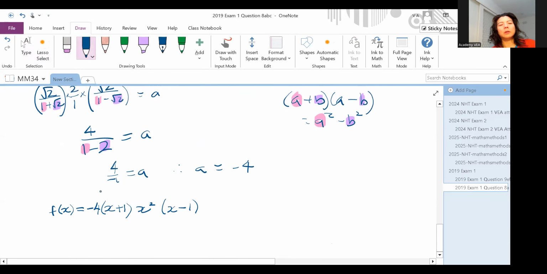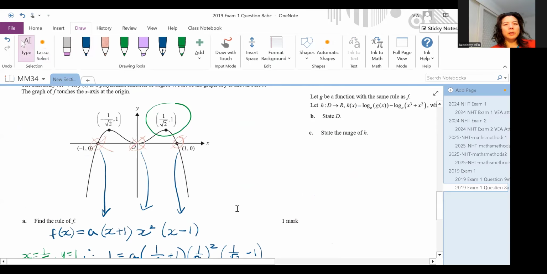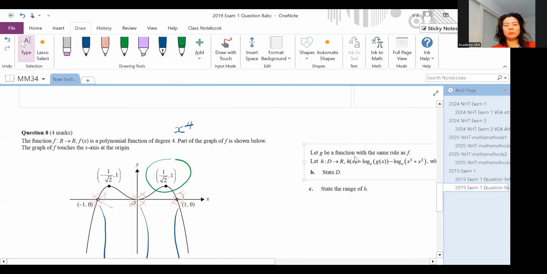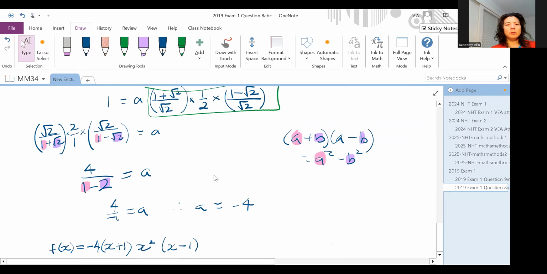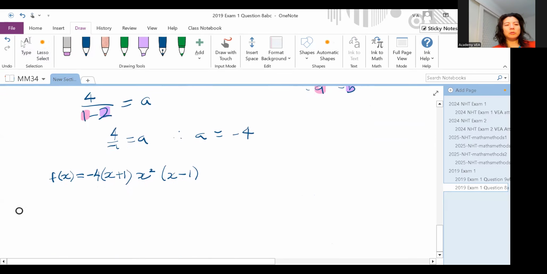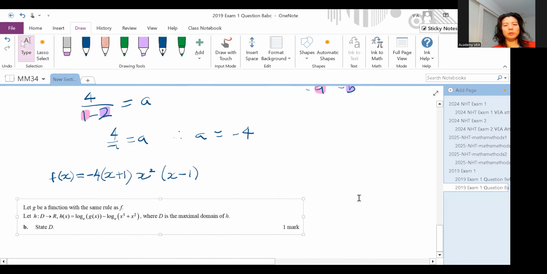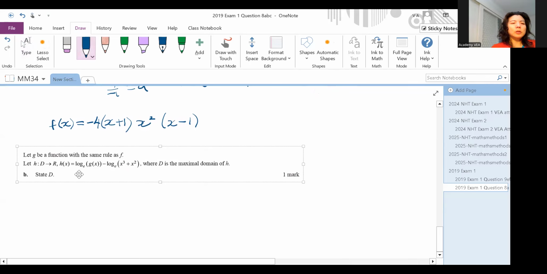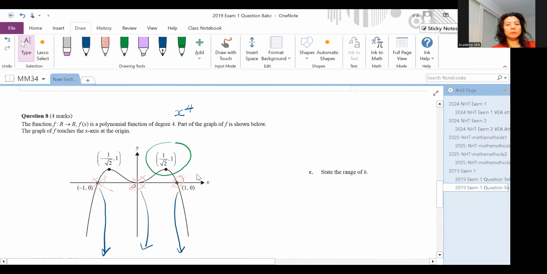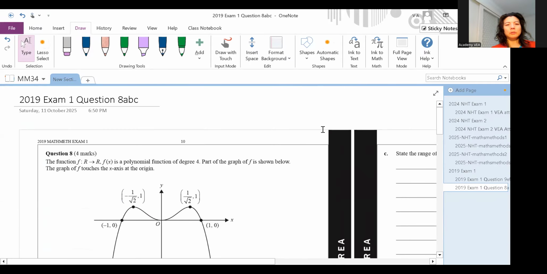So that's part A done. Now, part B looks pretty nasty, but it's all about remembering your log rules. Oh, actually, no, not this one. So here, h is log of g. So it's helpful to have this as a picture. Can I just take a screenshot?